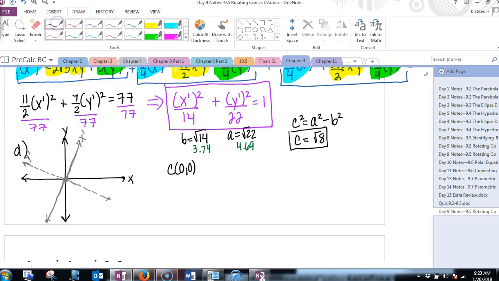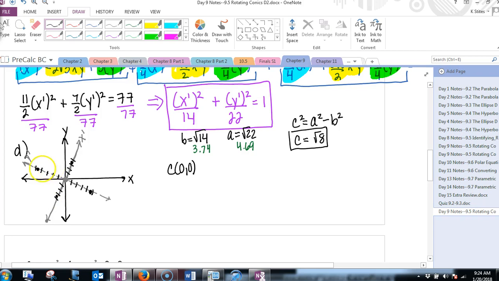So when I say up, I mean in the positive direction on your y prime axis. 1, 2, 3, 4, 5. You're going to make your own tick marks. And I'm just going to go here. Okay, and then root 14 is your x radius, so 3.74, that's about 4 in the x prime direction.